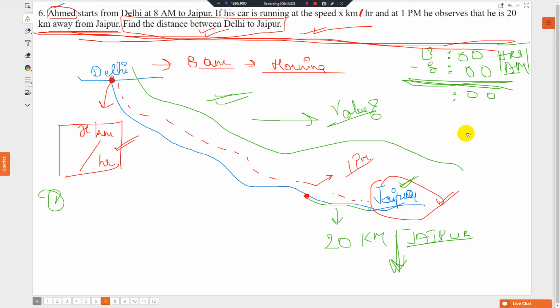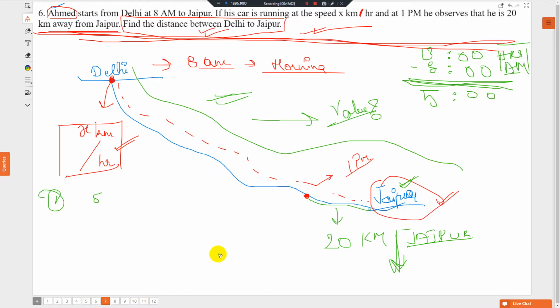Same if we subtract 1, 8 minus 1 is 7, and 16 minus 1 is 15. So 8 plus 7 is 15, 8 plus 6 is 14, and 8 plus 5 is 13. So the difference was 5 hours.